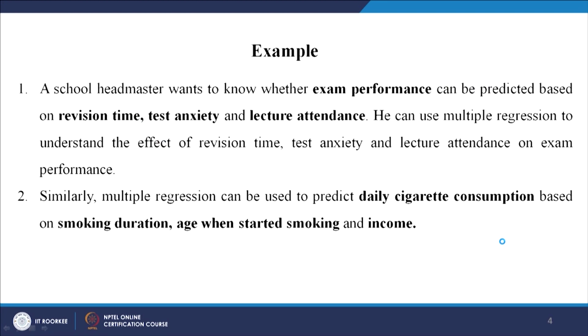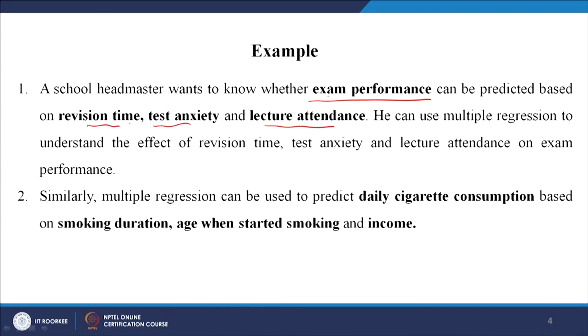Okay. Now, let us take an example to understand. A school headmaster wants to know whether the performance of students in an exam can be predicted on the basis of revision time, how anxious the students are during an exam, and how many classes, or lectures, they have attended, right.